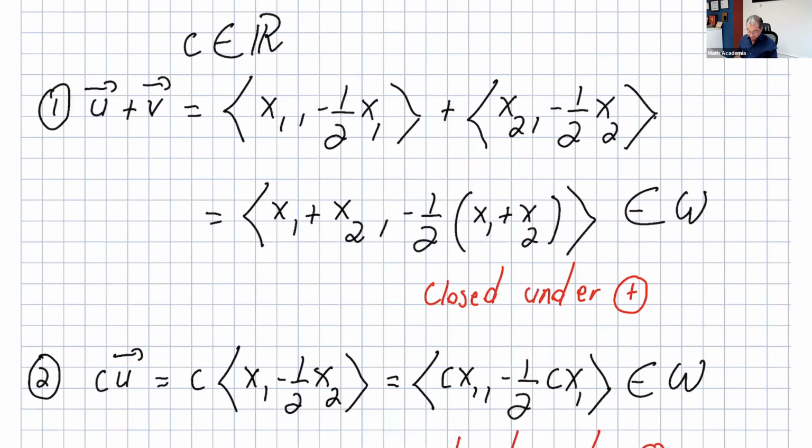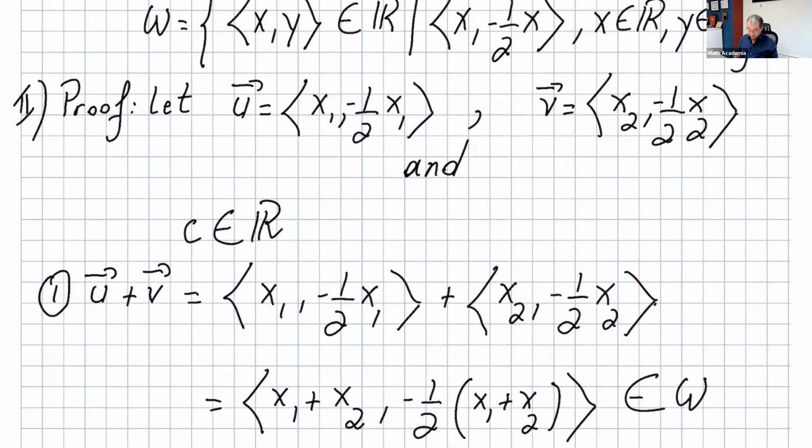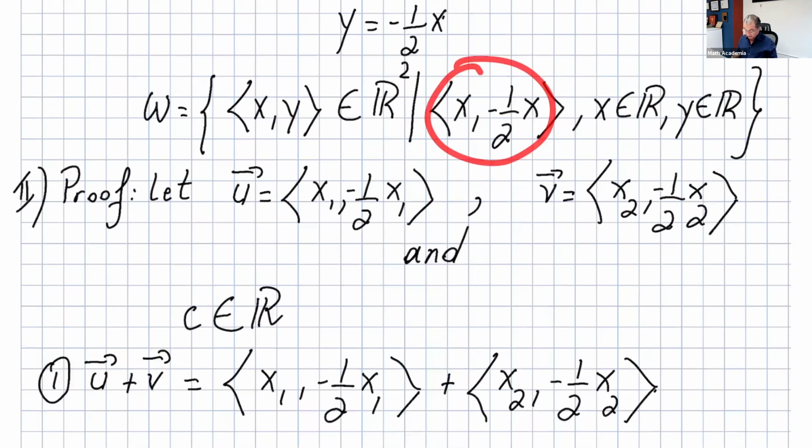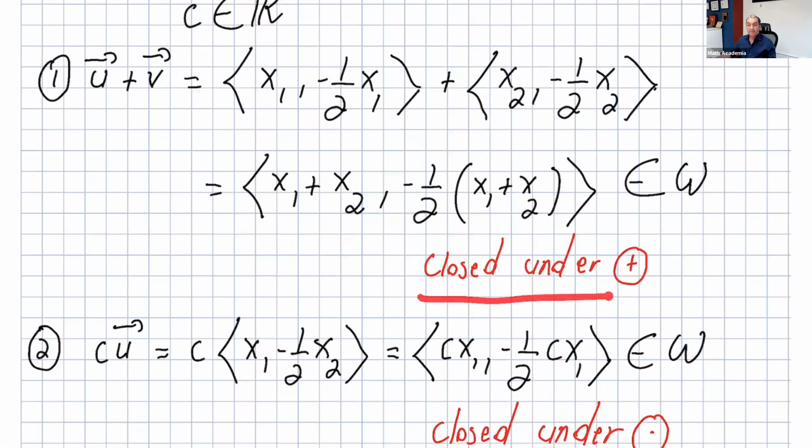If I put capital X for x1 plus x2, that's also negative 1 over 2 times capital X. It looks exactly the same. So that's why we say it's in W, so it's closed under vector addition.